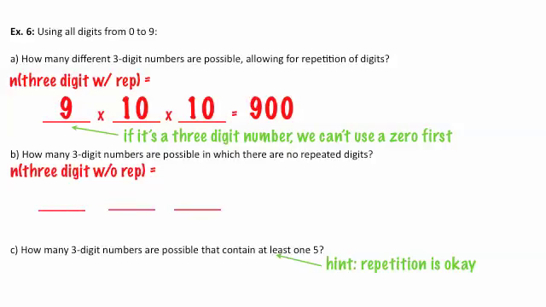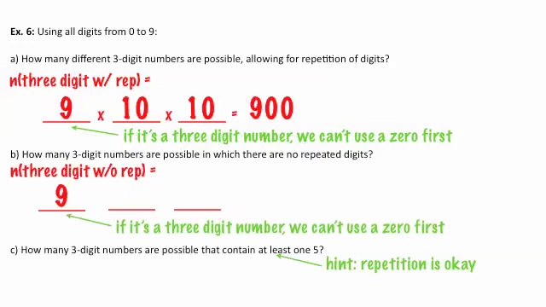How many choices do we have for that first digit? We'd have 9, for the exact same reason as above: if it's a 3-digit number, we can't use a 0 first. How many choices now do we have for the second digit? We can use 0, but we can't use the one that we've just used in the first. So we're back to 9.